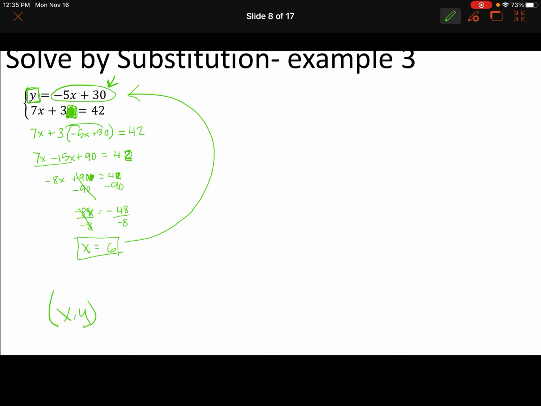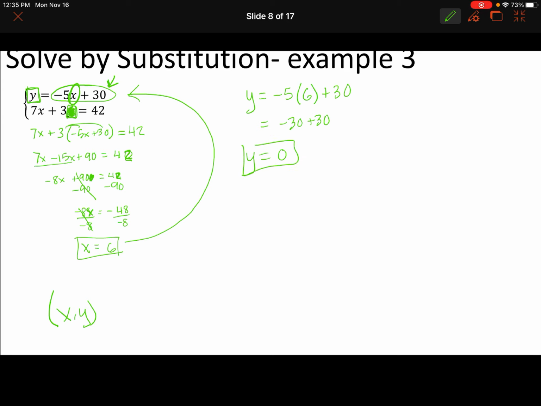You can do it into either, but I will do the first. So x equals 6. I'm going to rewrite this first equation, y equals -5, but instead of x, I'm going to plug in our value for x, which is 6, +30. And then we simplify, so -30 + 30, so y equals 0.